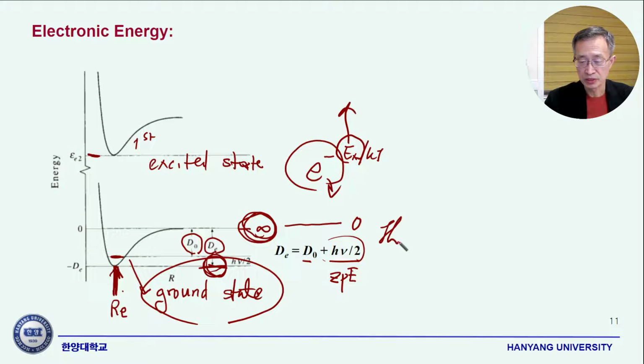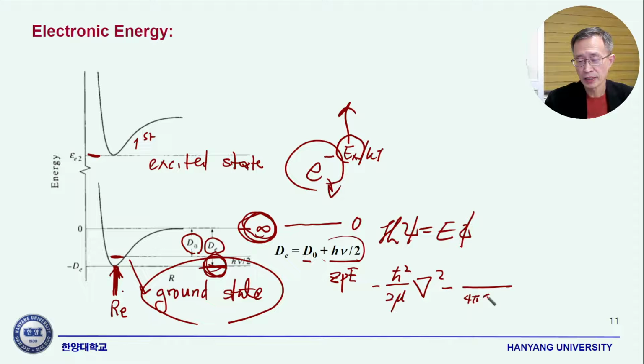H psi equals E psi for the hydrogen atom, where H is minus h squared over 2 times the reduced mass of the electron and the hydrogen atom, times del squared, and then the potential energy, which is minus Z e squared over 4 pi epsilon 0 r, where for a normal hydrogen atom Z is 1.